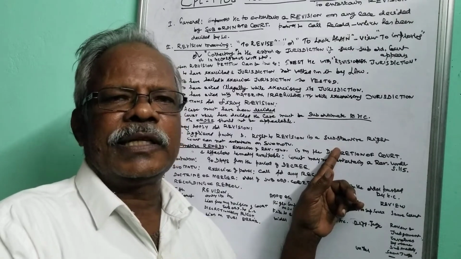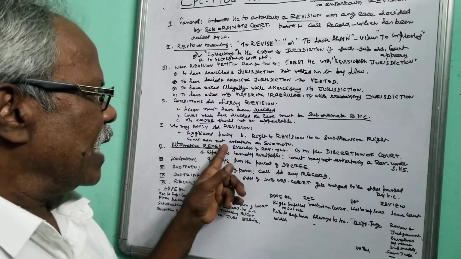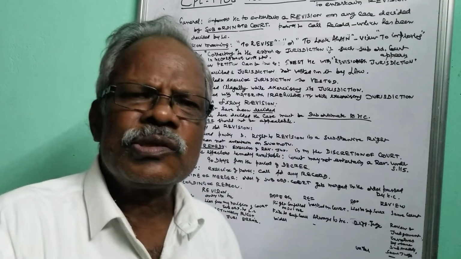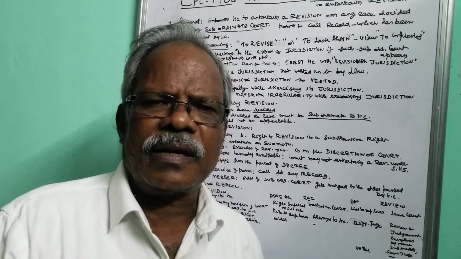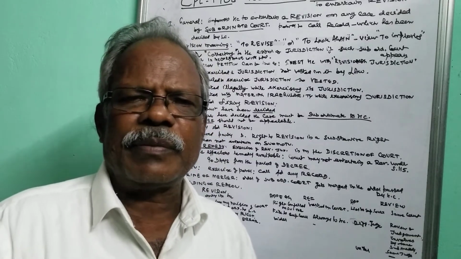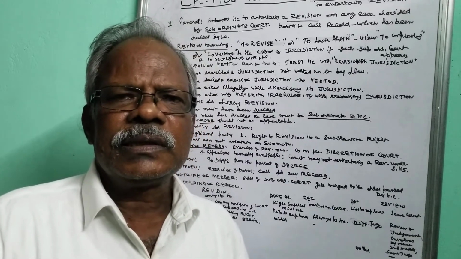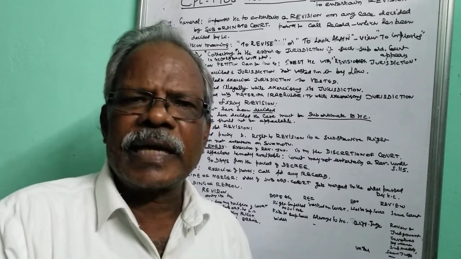So it is to establish the substantive right. And the court cannot entertain it suo motu. So usually the court itself cannot take up the matter on its own. If the matter is taken up by the High Court on its own, that is called suo motu. But in this case, it cannot be.